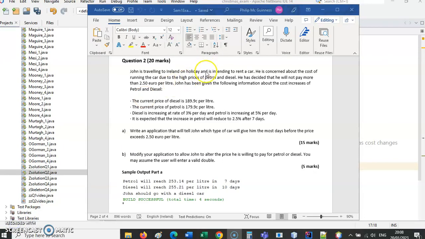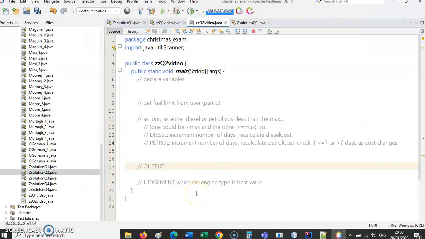Looking at the question and the required sample output, the question breaks down into the following pseudocode. We are going to have our variable declarations. We've got certain constants we're going to use, i.e. the price of petrol and diesel at the start, and the rates of increase as well. They're fixed.